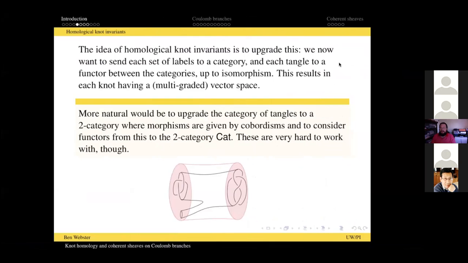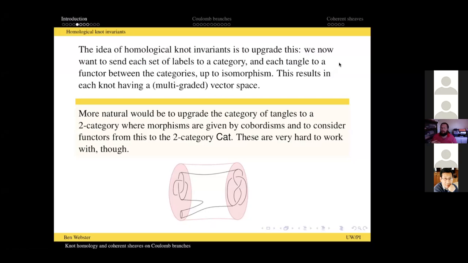All right, so the idea of homological knots is that you kind of upgrade this story. So before this was I had a sequence of labels and I sent that to a vector space. Now I have a set of labels and I want to send that to a category. And before, whenever I had a tangle, I would send that to a map between the corresponding vector spaces. Now I want to send that to a functor between the categories.